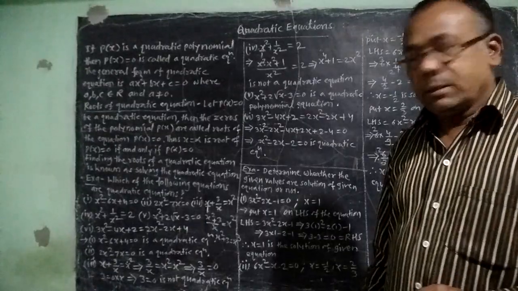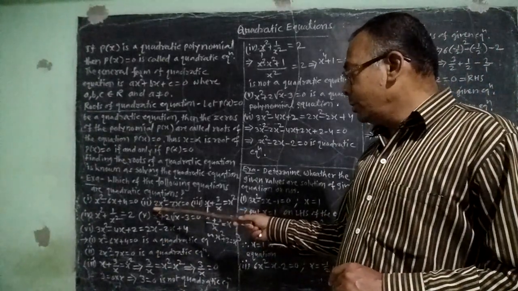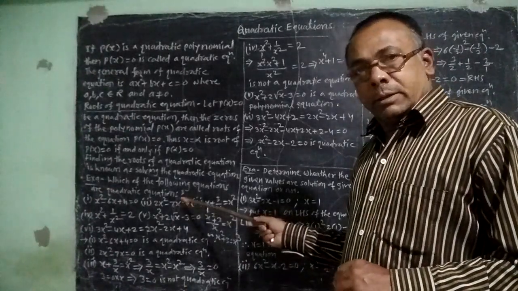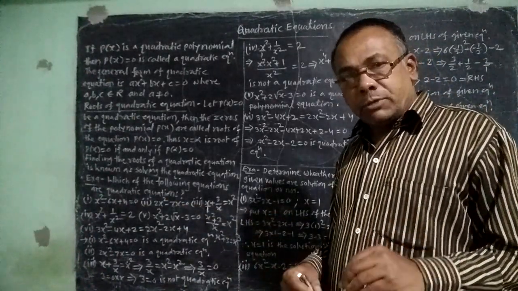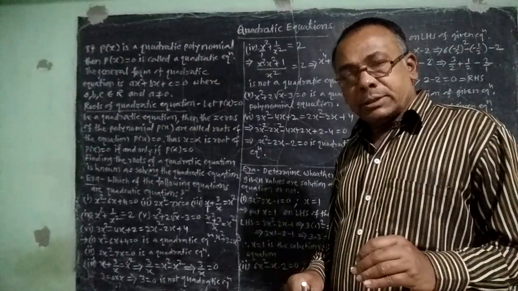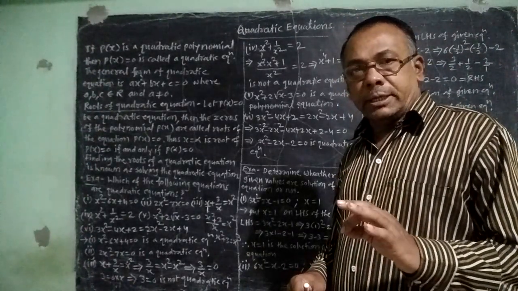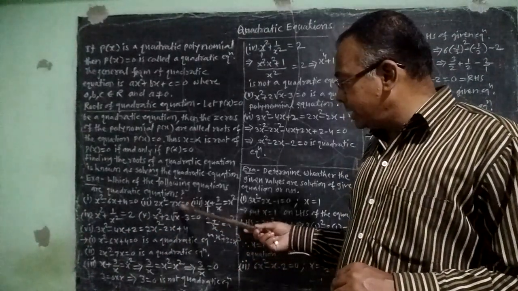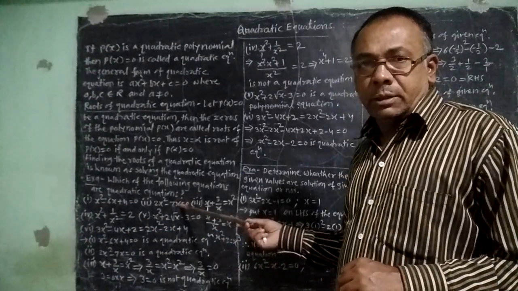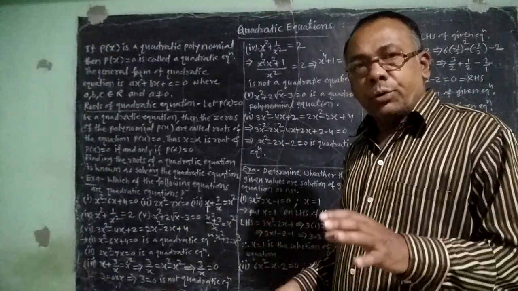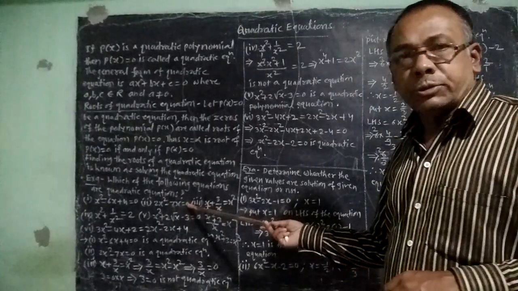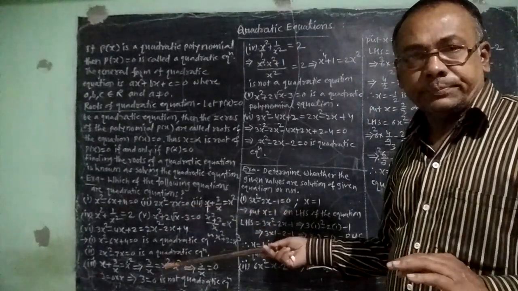Similarly, the second equation, 2x square minus 7x is equal to 0, is also of the form ax square plus bx plus c is equal to 0, since here c is not given, or c is 0. Though c is 0, the given equation is also a quadratic equation.